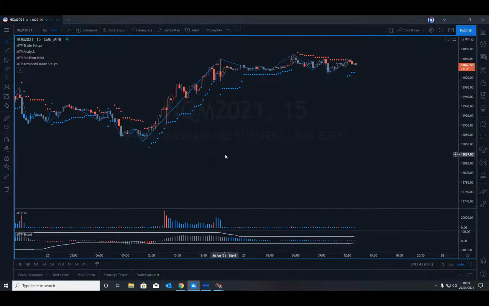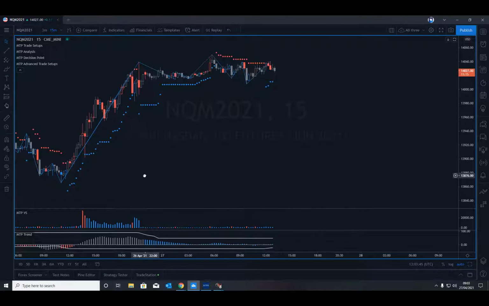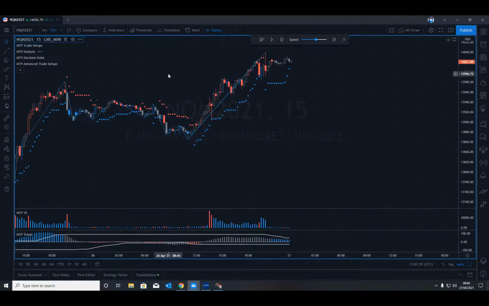So how do we then decide on whether the market picture is clear? Well, for this, we place our DPs on the charts. I'm just going to do the bar replay and go back to here on TradingView. Let's go forward a couple of bars.